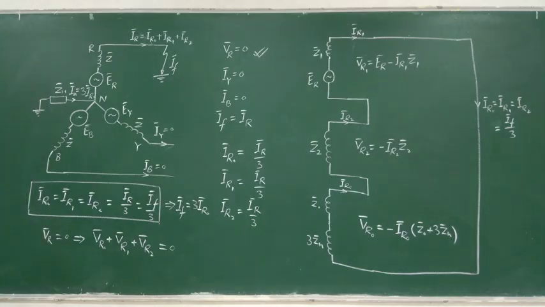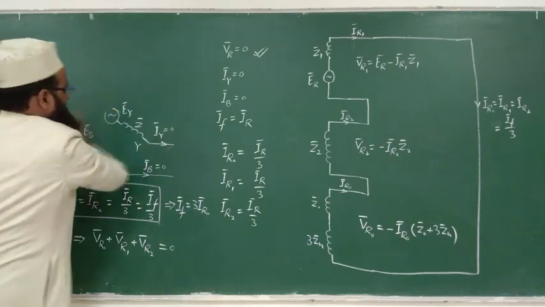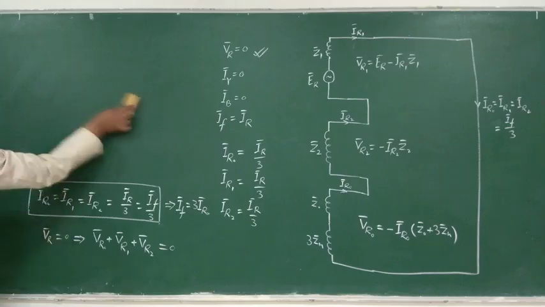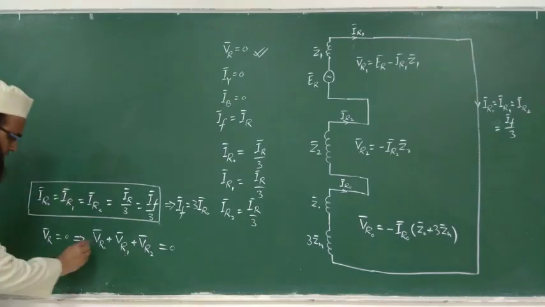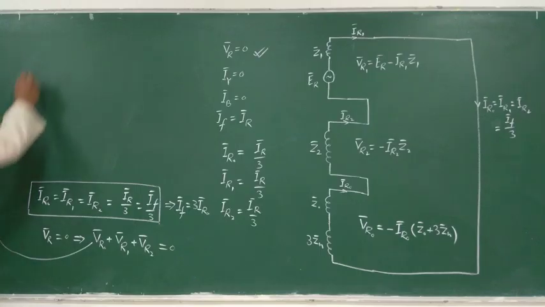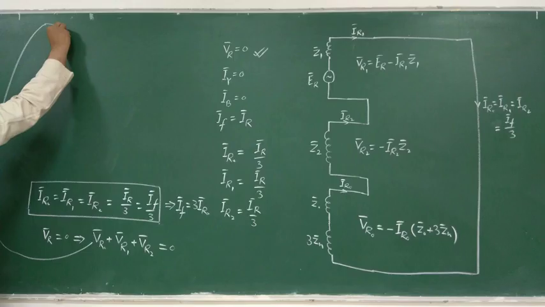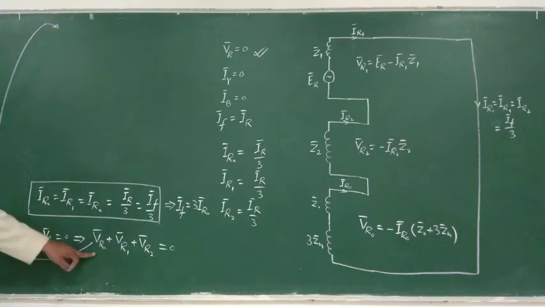Okay. So from these relations, just write VR0.